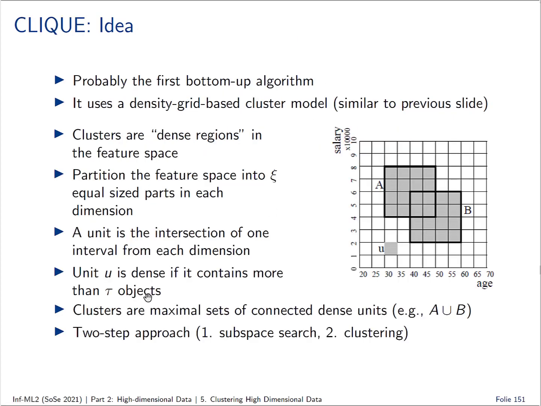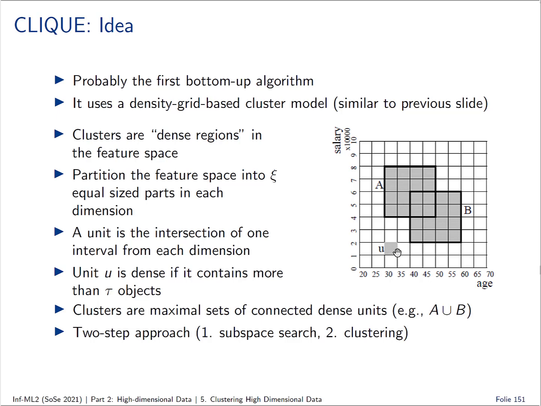In this method it is called tau. That is the minimum number of points that need to be in one unit, so a unit is dense if it contains more than tau points. So we have these two input parameters, one specifying the volume, one specifying the minimum number of points in the volume.